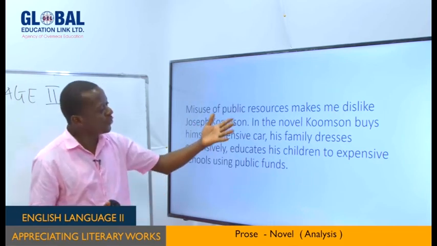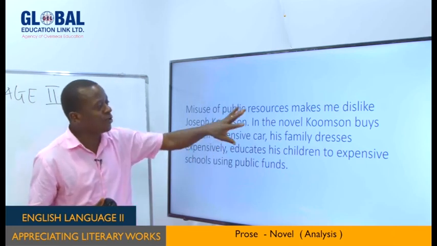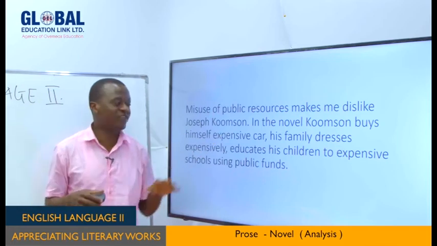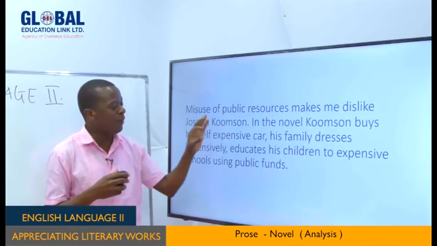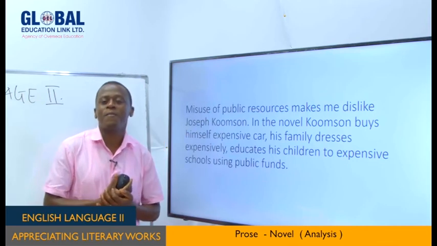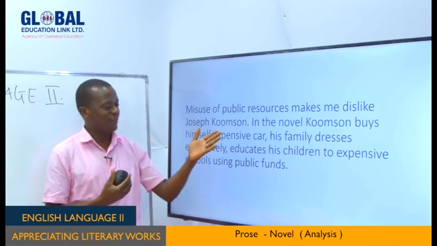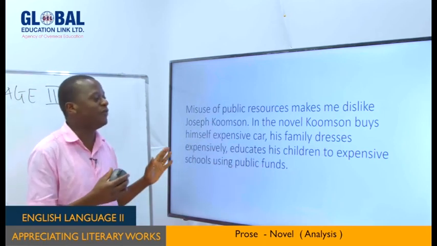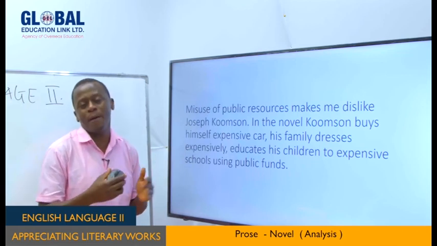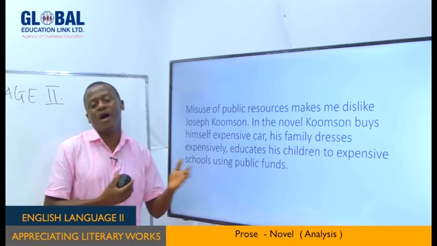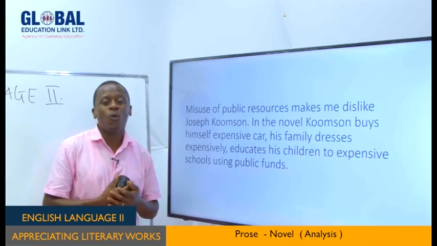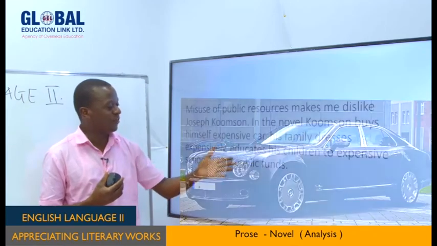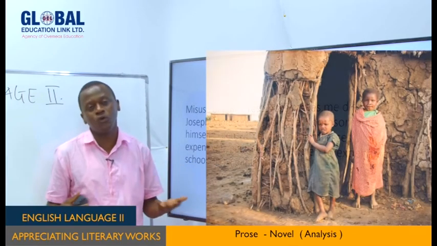The minister was supposed to use such resources wisely and distribute them equally, so that everyone should enjoy from that small cake they are having. But of the cake present in that particular society, Thompson is having a lion's share, while others are starving. While he drives an expensive car, there are some children who are barefooted, without shoes.